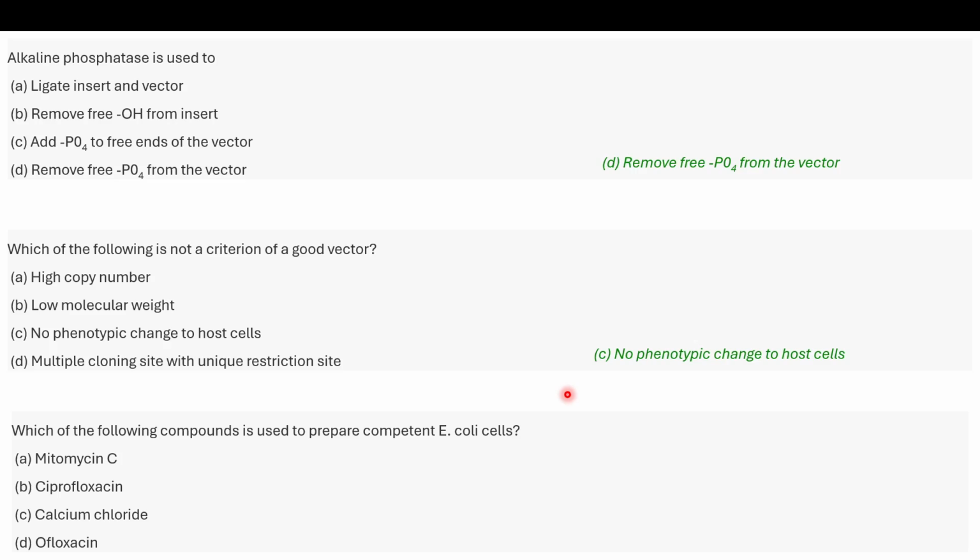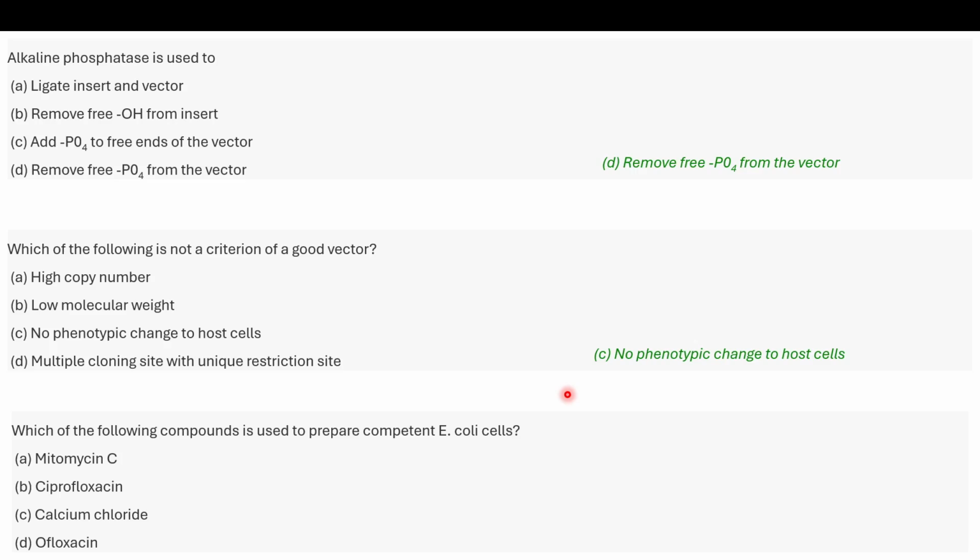Yes, you are on the right track. So the main thing is if a particular insert or gene sequence of interest has been inserted into the vector, then one needs to know, because not every particular sequence will be ligated to your vector, so all the plasmids won't be recombinant.